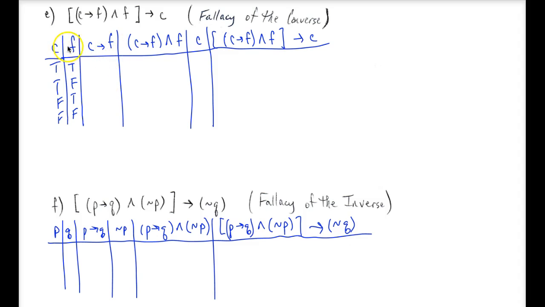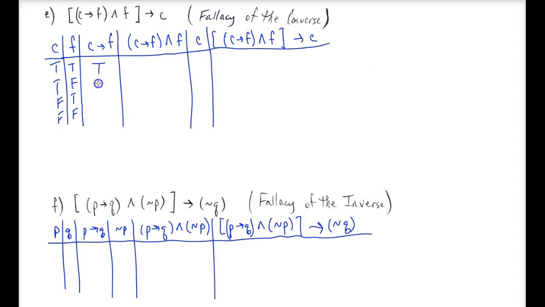So we'll start off by listing again the column for F and C, and we've already done that here. And we'll do the conditional truth table. We know that the only time that if C then F is going to be false is whenever the first statement is true and the second statement is false. Every other situation is true.